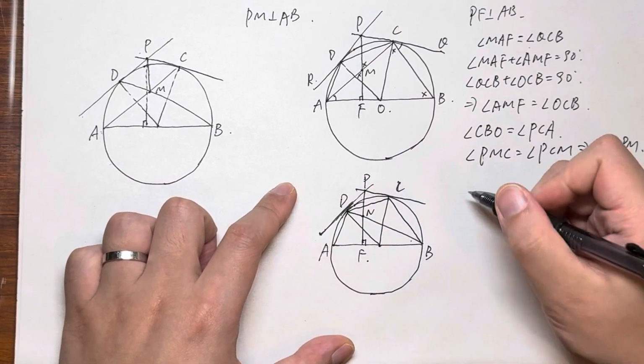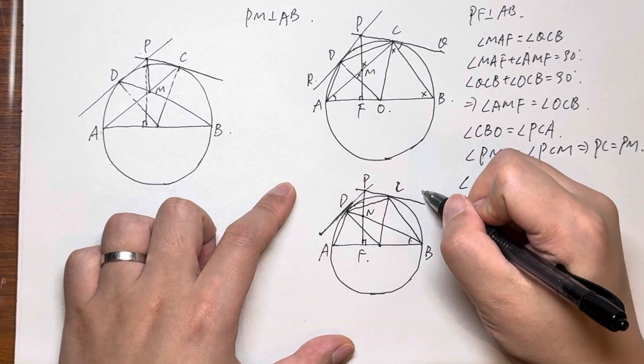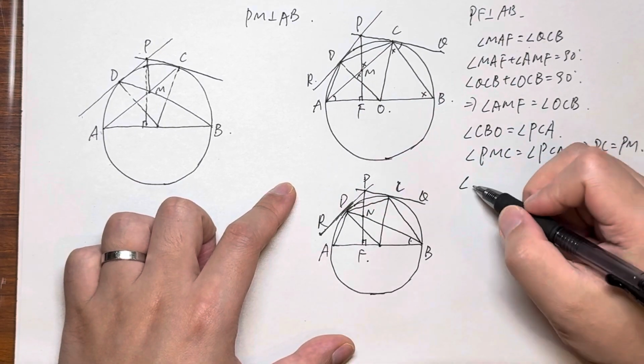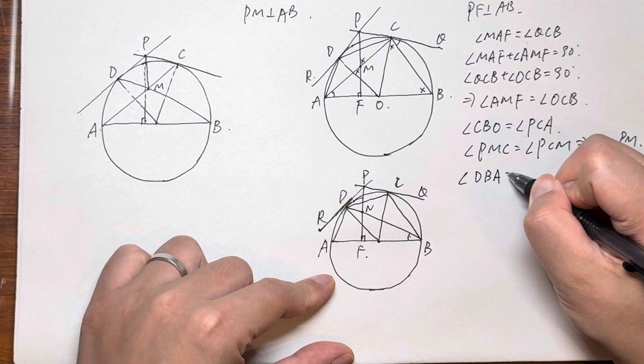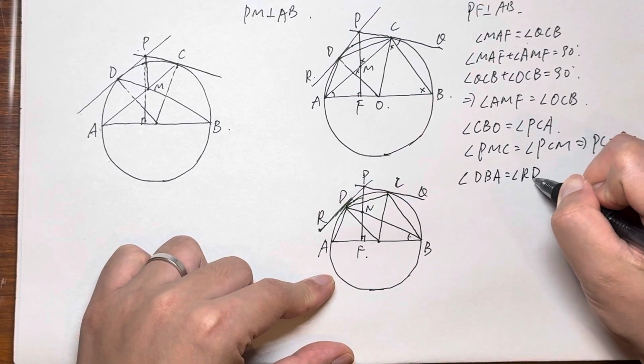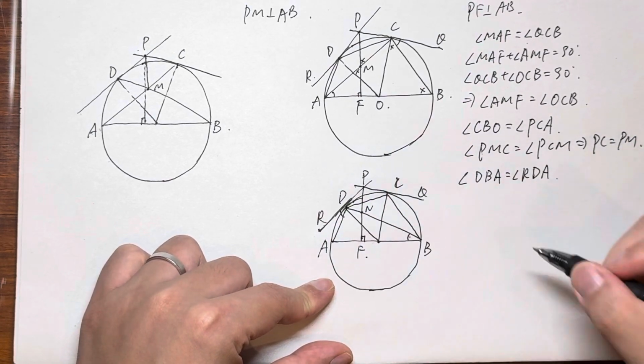Similarly, we know that the angle, again, here is Q, this is R, so the angle DBA equals to angle RDA, right? So this angle equals to this one.